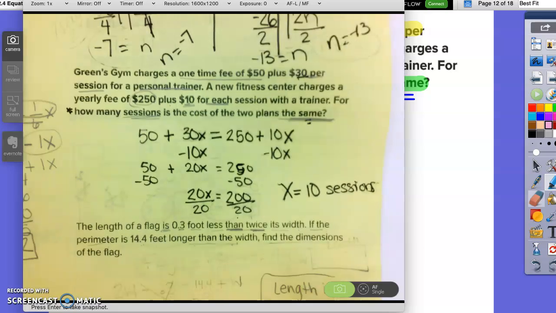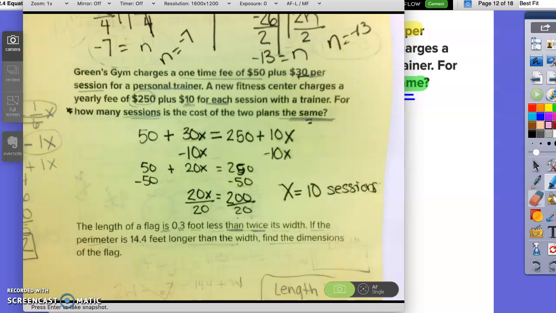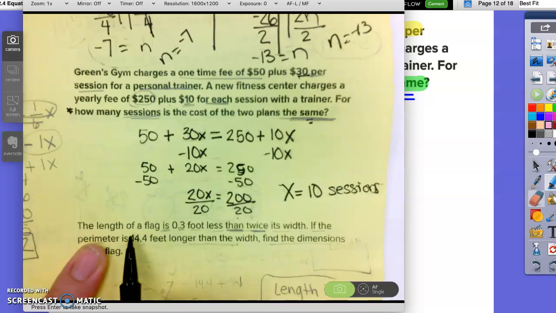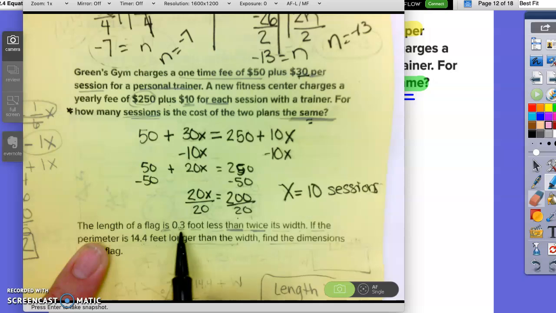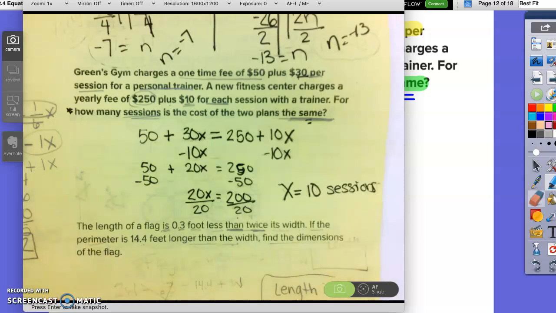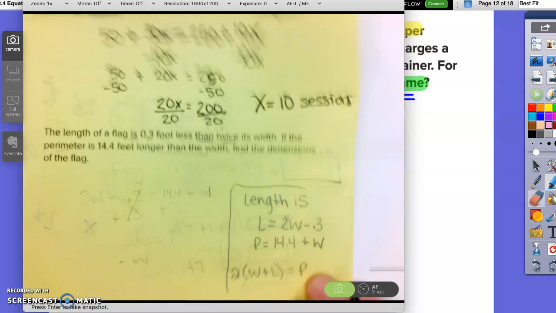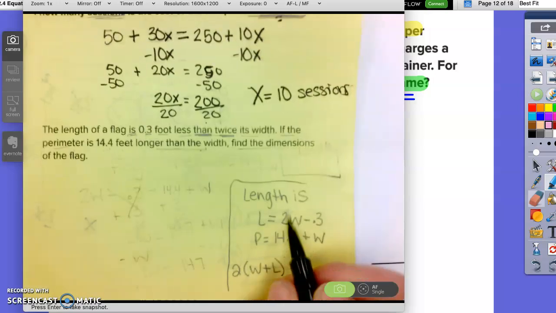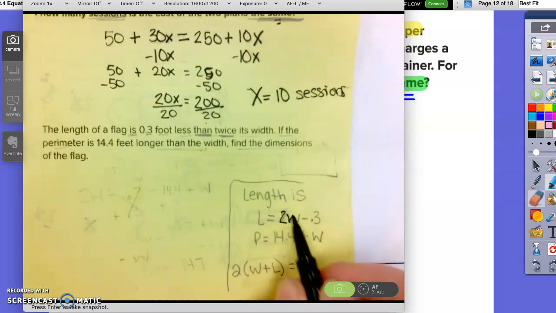Okay, so our next one, part of this word problems is looking at this and creating an equation from words. So the length of a flag is 0.3 foot less than twice its width. So that word "than," we'll switch up that order, remember. So twice its width, 2 times its width.